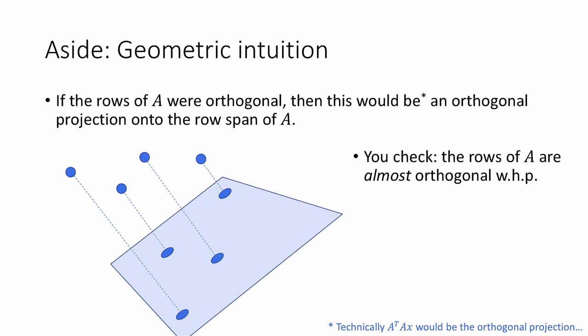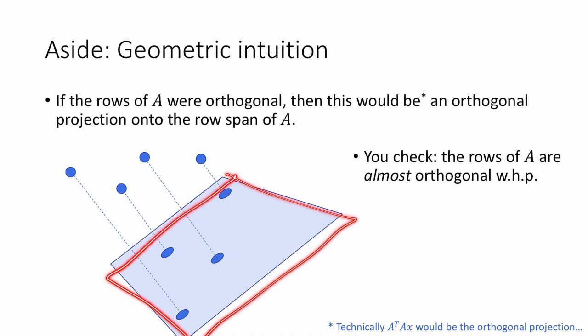Before we prove that this map does what we want, just a quick aside about some geometric intuition for what it's doing. Note that if the rows of A were orthogonal, then this multiplication by A map would just be an orthogonal projection onto the row span of A. That is, we're going to pick some random subspace, given by the row span of A, and we're just going to project our points onto that.